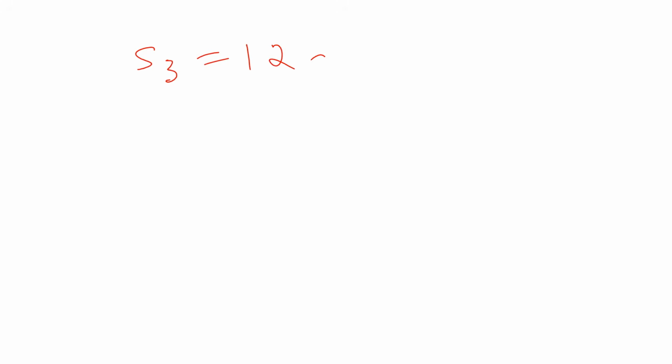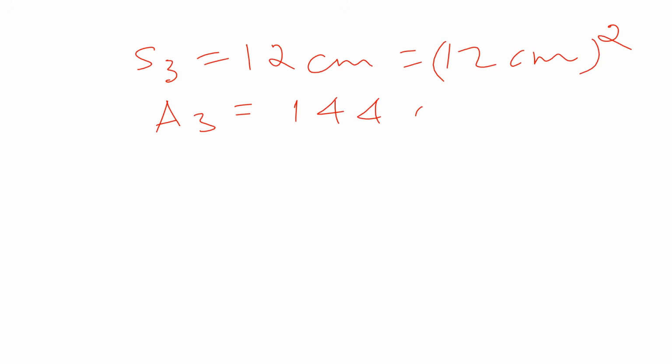So the side length of square 3 is 12 centimeters, and the area is 12 squared, which is 144 centimeter square.